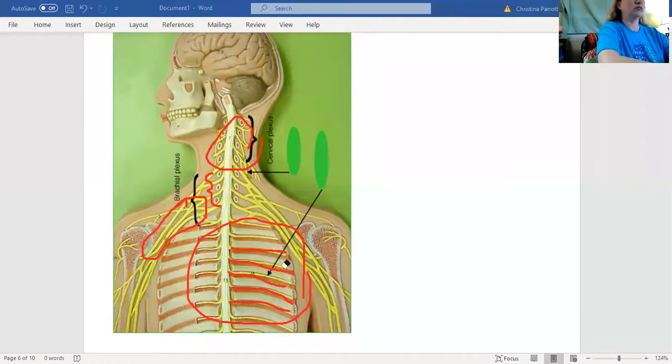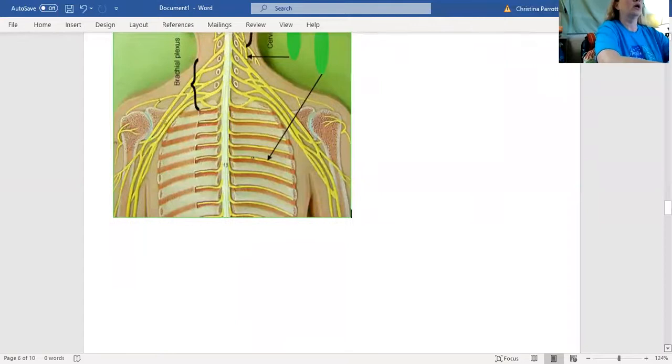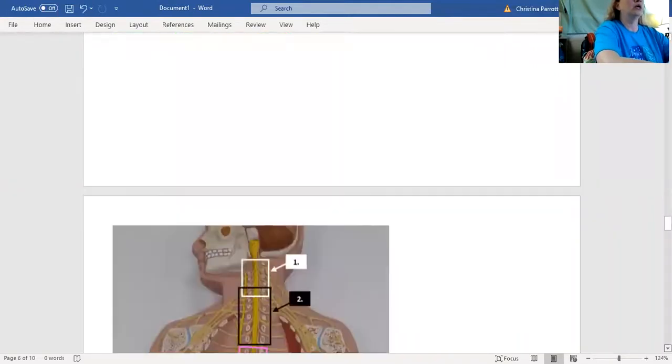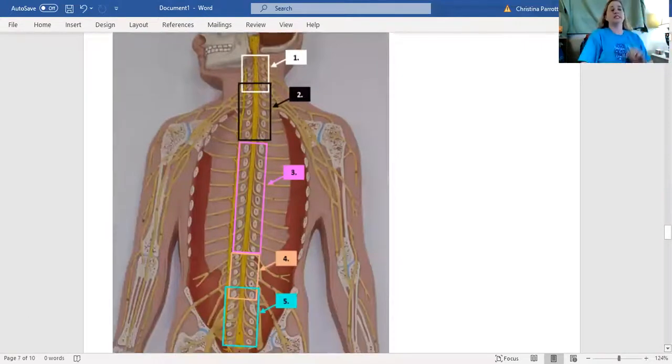Okay, so now let's erase that and go to our next picture. In this picture, if I say identify number 1, you would say cervical plexus.